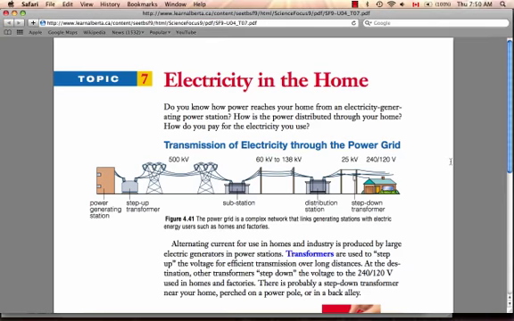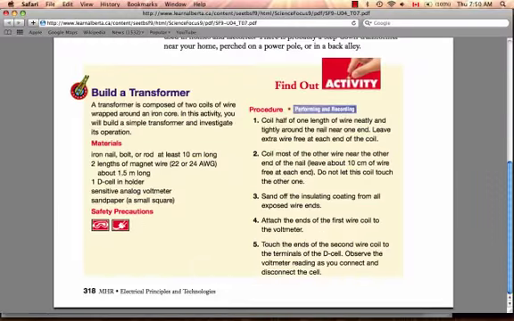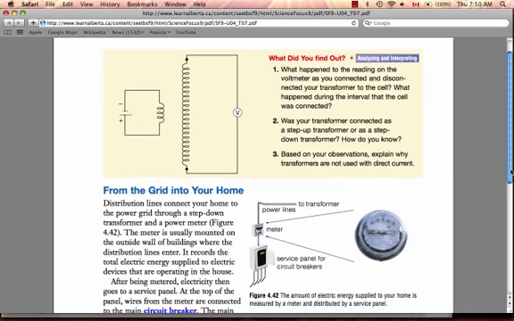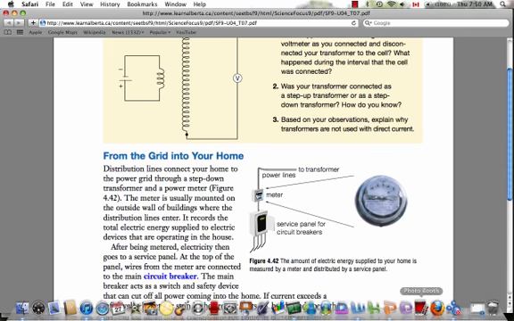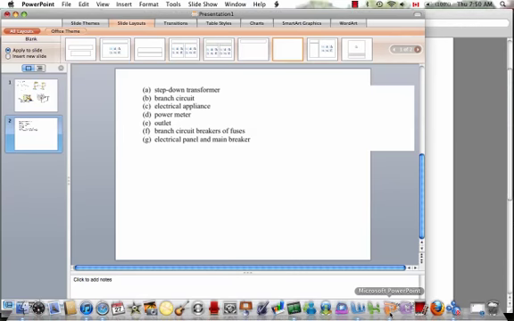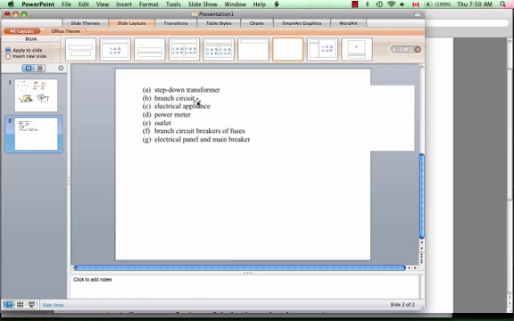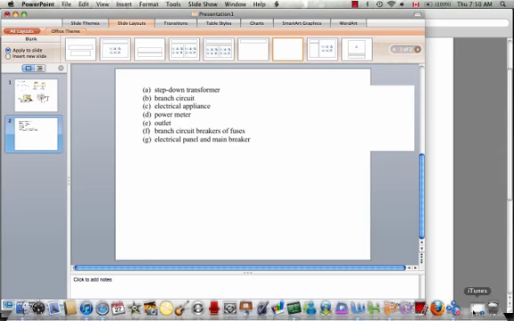Next, let's go back to here. Next, as it enters the house, we see this. So from the step-down transformer, it reaches a meter, okay, which records how much electricity you use. So that would be the next one. Power meter. Next, let's go back to the picture.